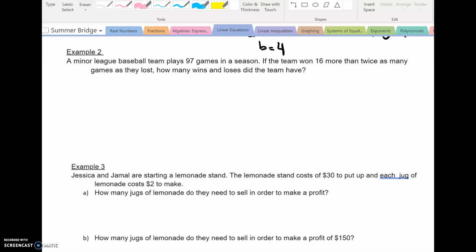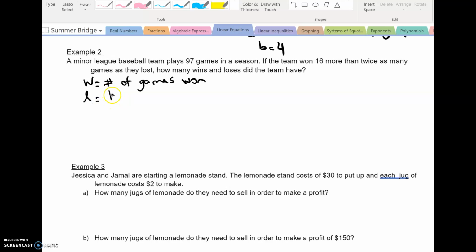Okay, let's see here. Next example, a minor league baseball team plays 97 games in a season. If they want, so now we're talking about winning and losing. So the baseball team won, so that's the number of games won.